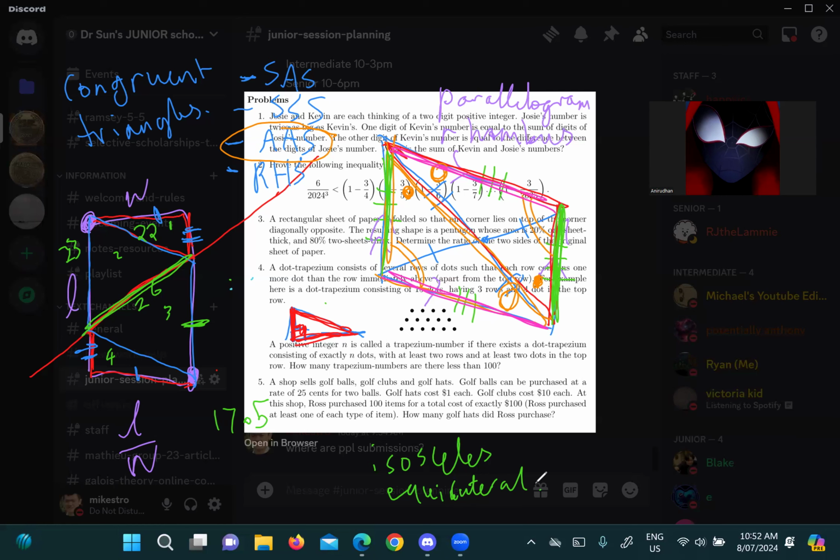What are you saying? You're saying how to find these lengths? The blue one and which one? This one? Which red one are we talking about? This one? What about it?